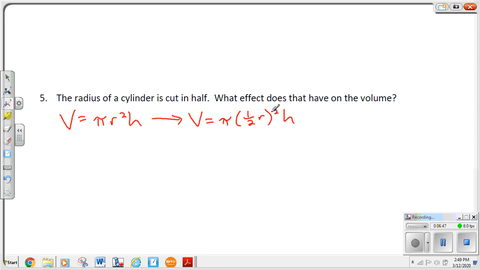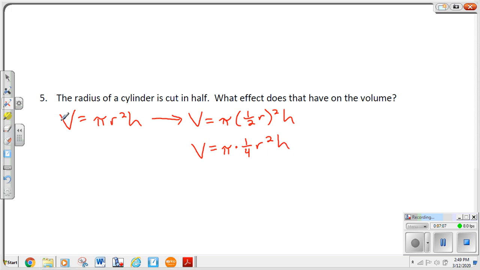Since the 1/2 r is inside this exponent, let's apply the exponent. This will be 1/2 squared times r squared. 1/2 squared is 1/4. R squared is r squared.